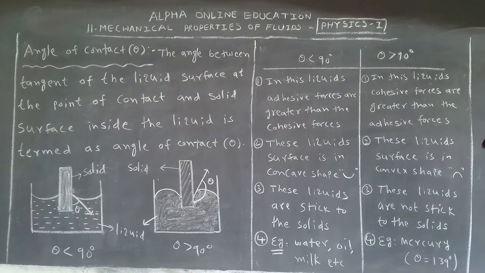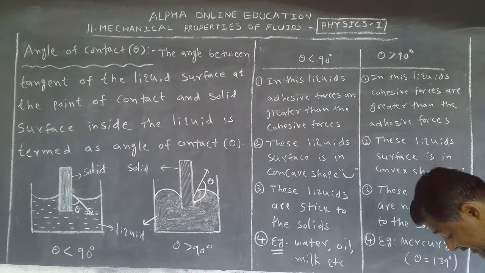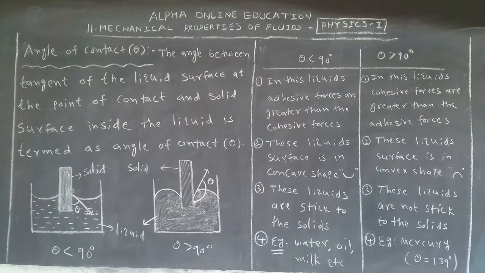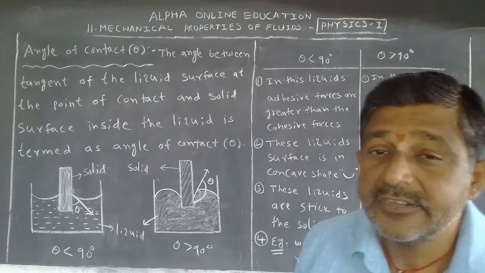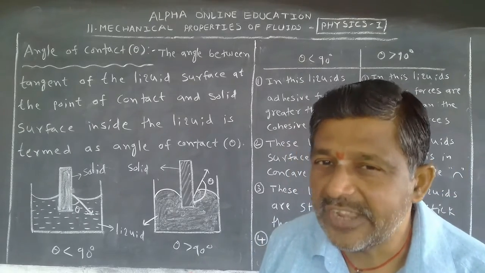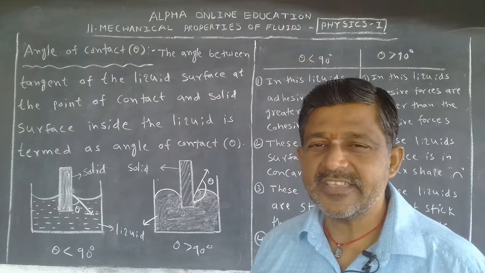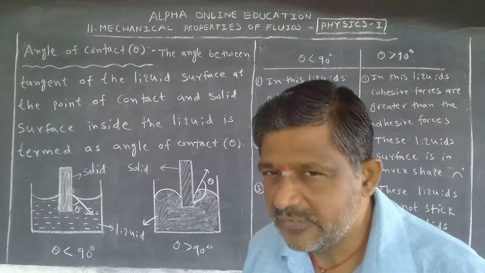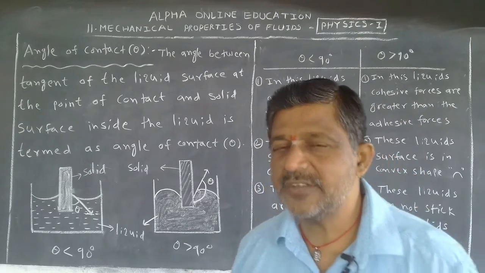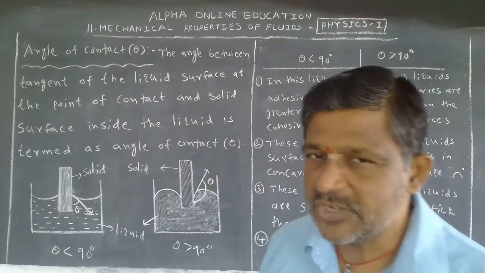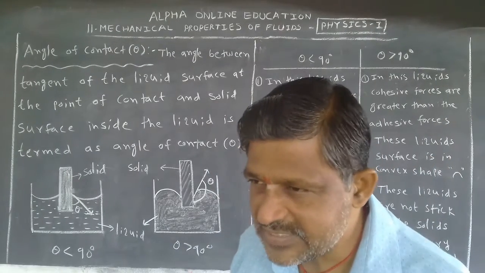Which liquid has an angle of contact more than 90? Mercury. Mercury's angle of contact is how much? 139 degrees. That's why mercury does not touch any solid. That's why in this chapter we use mercury, and in the next chapter also we can use mercury. We can see that in our daily life.